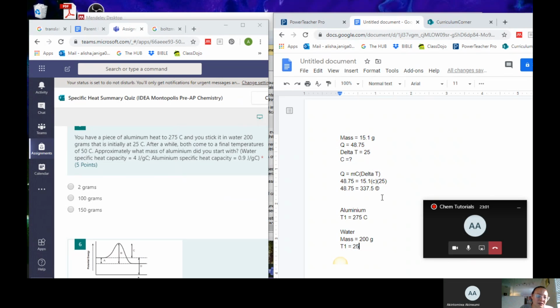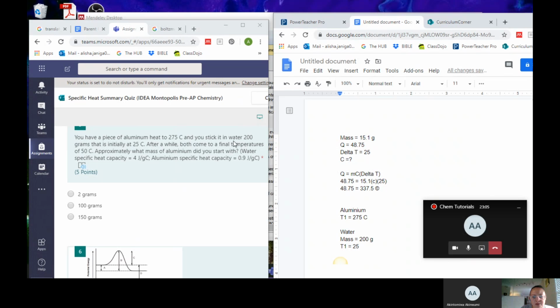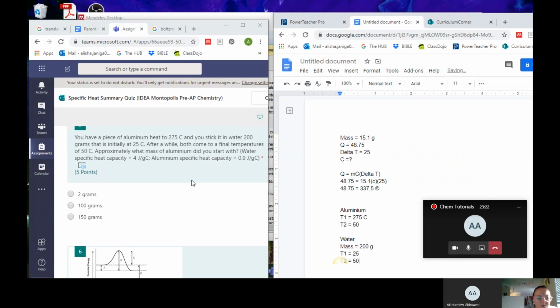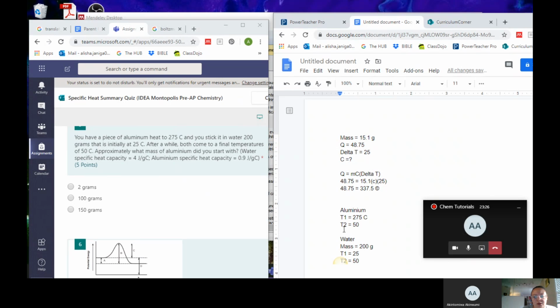And so then it tells us that the final temperature of both is 50. So we'll plug those in. T2 is 50. And down here, T2 is 50. And we want to know what mass of aluminum we started with.